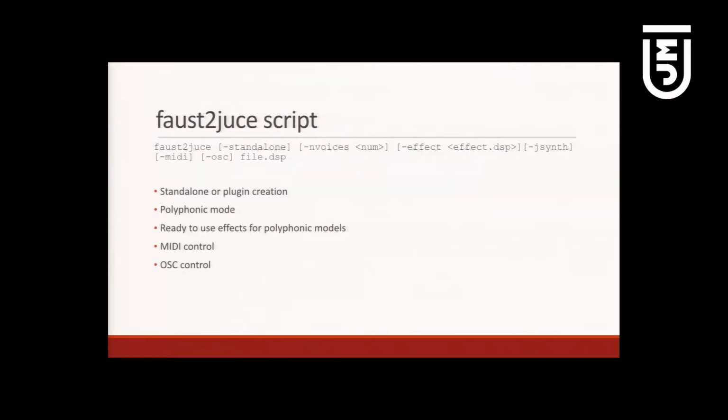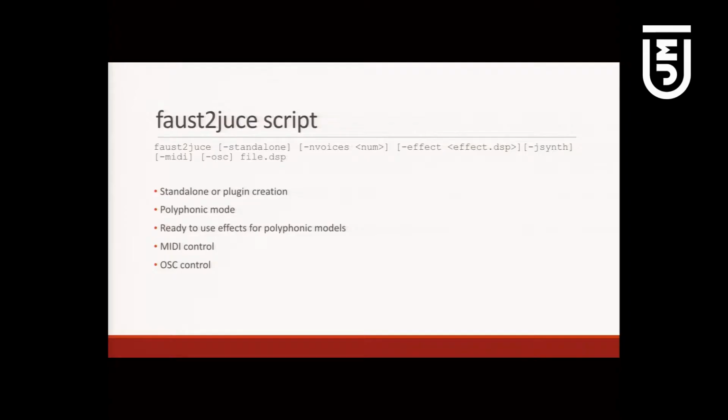So we developed a Faust to JUCE script for it to be really easy to use and pretty much ready to use at any moment and self-contained. With a simple line, Faust to JUCE, with our DSP, we are obtaining a ready-to-use JUCE project that we just have to put in a JUCE folder to be ready to use without any setups.